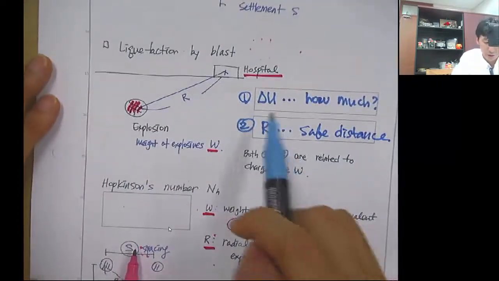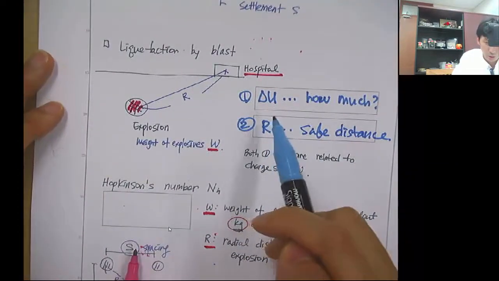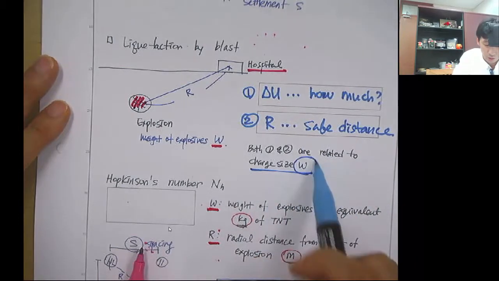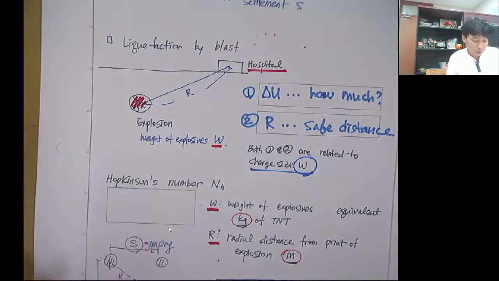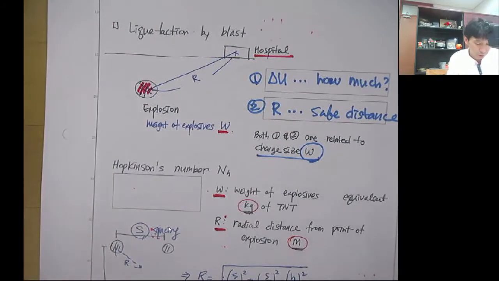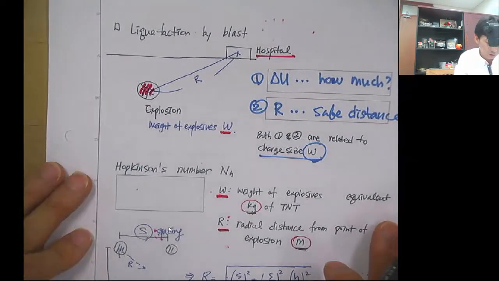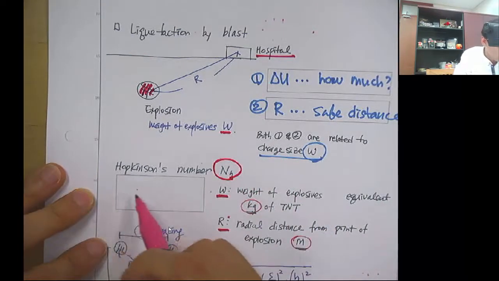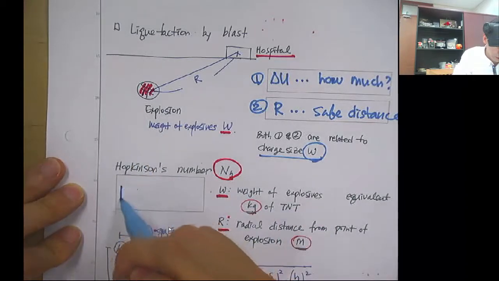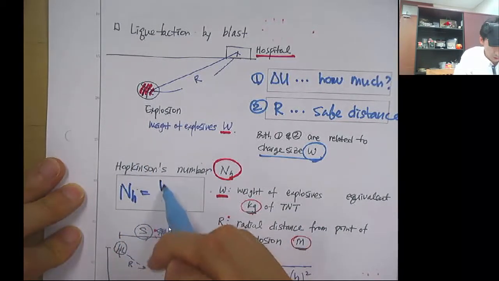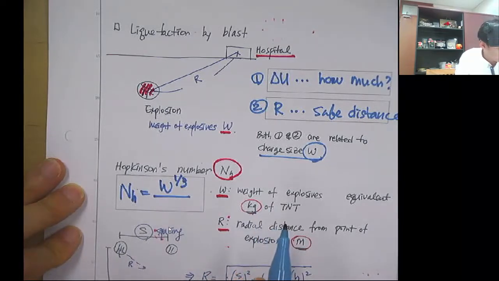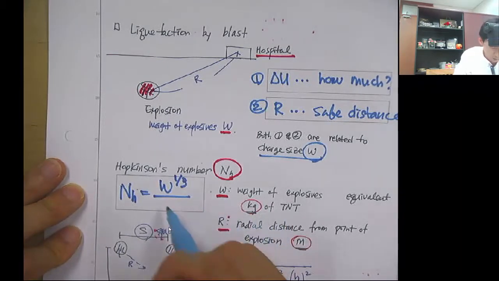And both this safe distance R and the excess pore pressure delta U are related to the charge size W. So to determine this W, the R and the delta U, people define this Hopkinson number, NH, and NH is defined as W to the 1/3 over R.